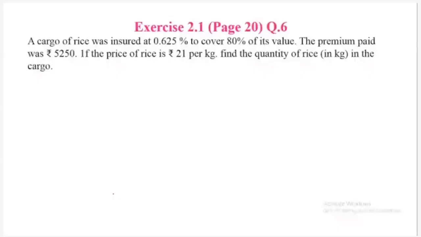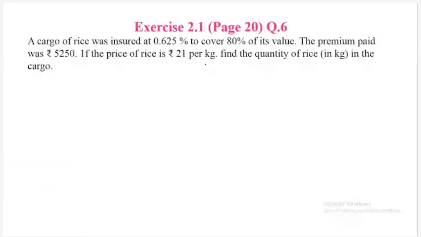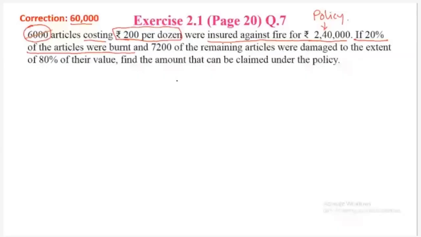Okay. Let me select color black and discuss it. How many total articles are there? Where did the sum go? Here it is. Okay, 60,000, after correction here. How many articles are there? 60,000. Let me write here in the corner, article.